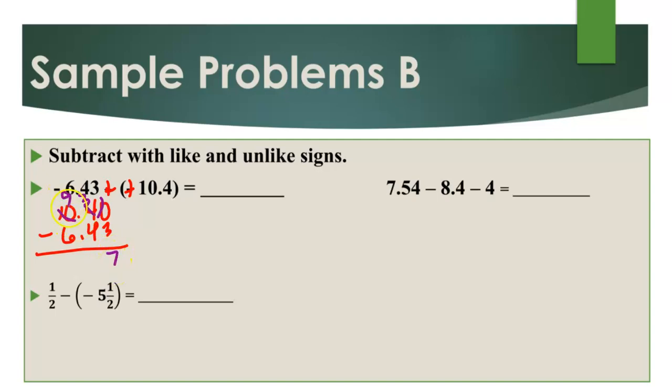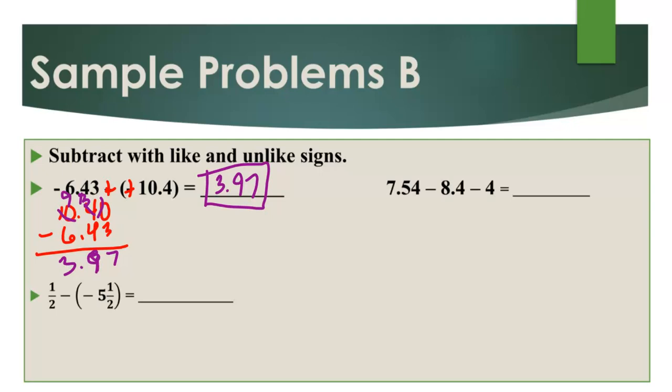Borrow here. 13 minus 4 is 9. And 9 minus 6 is 3, so I would have 3.97. Since 10 is bigger than 6, I'm going to go with that sign, which was positive, so our answer is a positive 3.97.